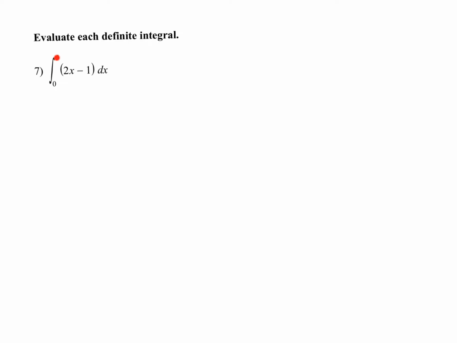Alright, so this is a new symbol. This is called the integral symbol. And really what this means is just the limit as n approaches infinity of the summation of i equals 1 up to n of the function evaluated at x sub i times delta x.